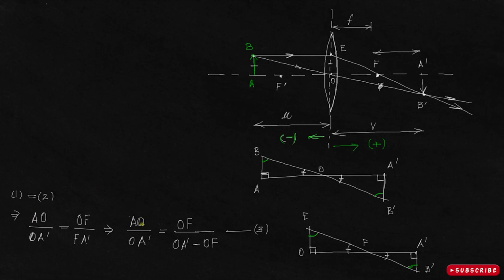So OA, we know OA is U, but that is on the left, so I have to write minus U. Clear?